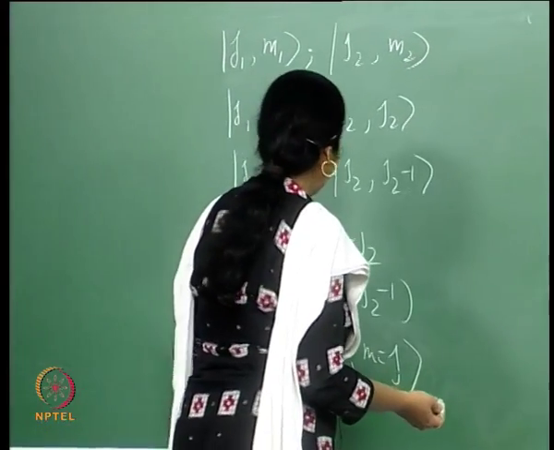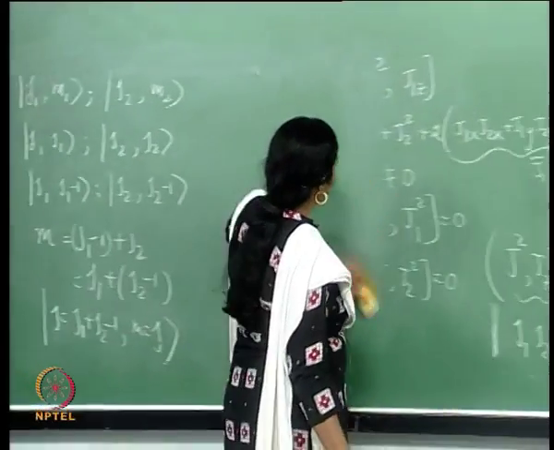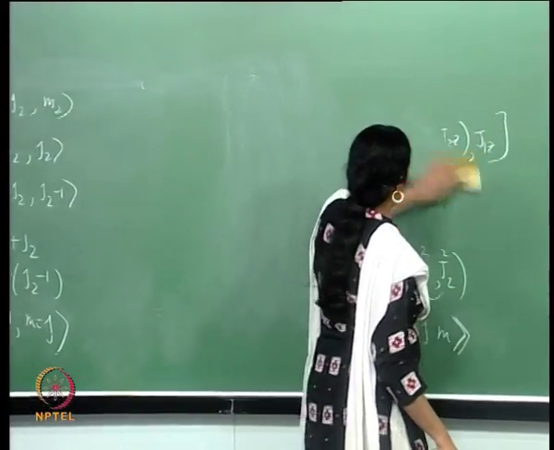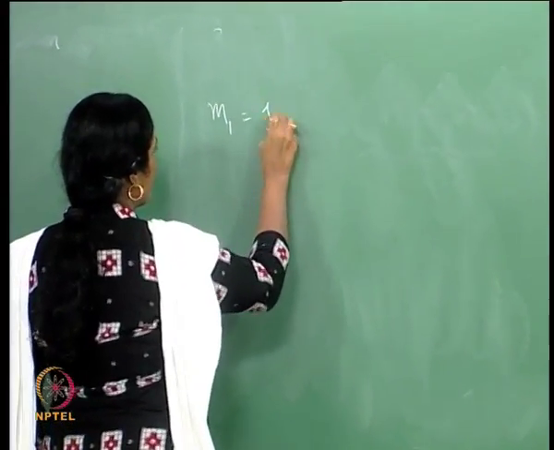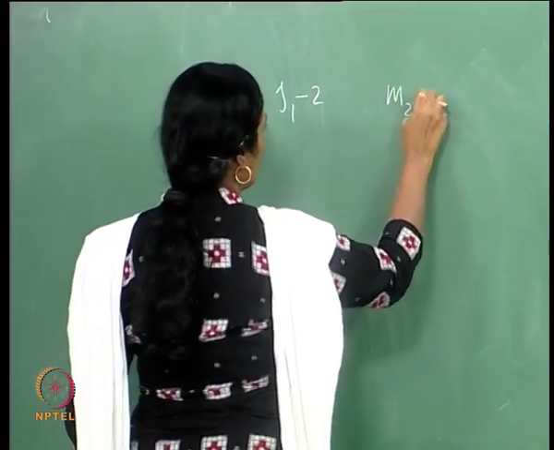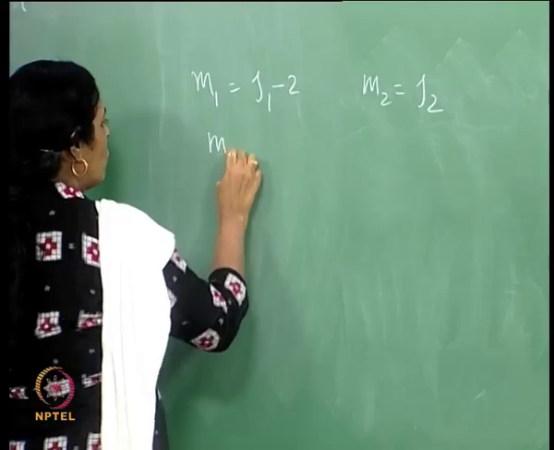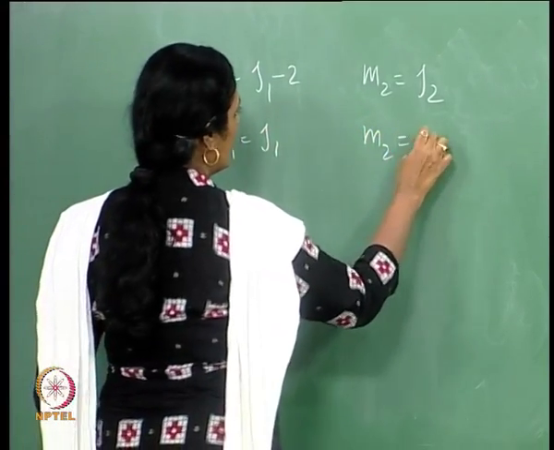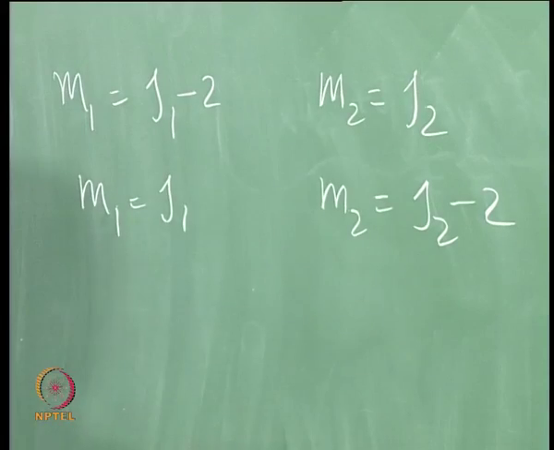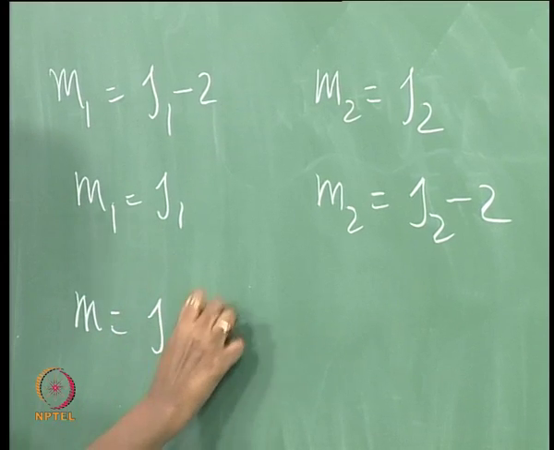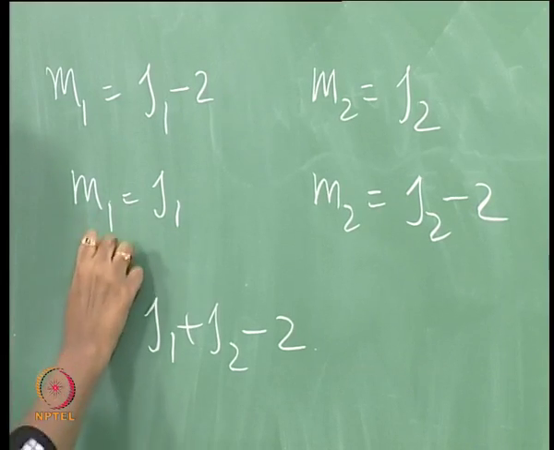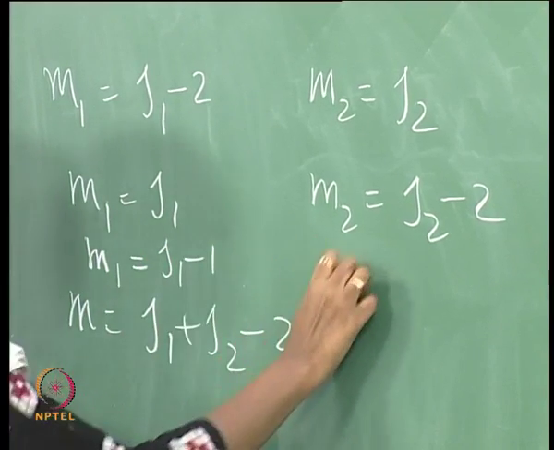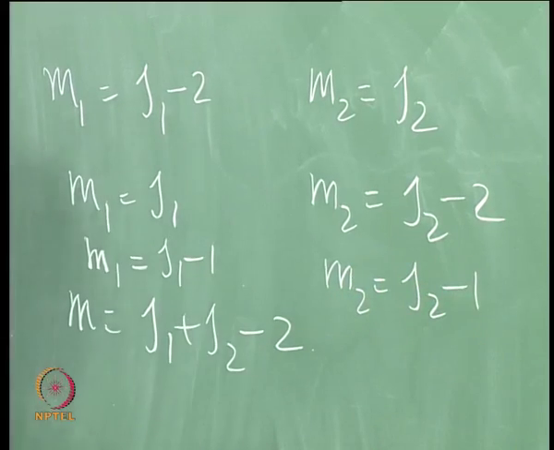I can argue further. In the next stage, I would look at the following. m1 is j1 minus 2, m2 is j2; m1 is j1, m2 is j2 minus 2. Surely these are possibilities. Then m is j1 plus j2 minus 2. I can also have m1 equals j1 minus 1, m2 equals j2 minus 1.